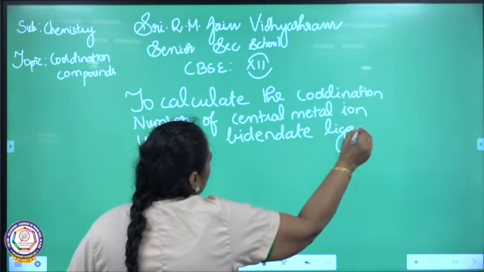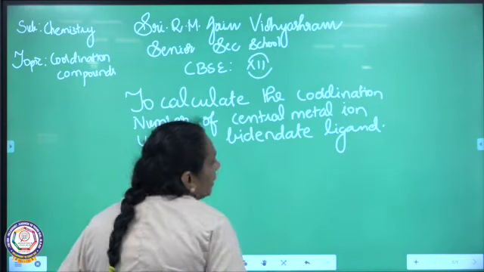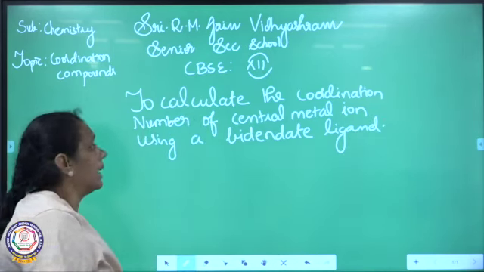We are going to see the coordination number of a central metal ion using a bidentate or didentate ligand.